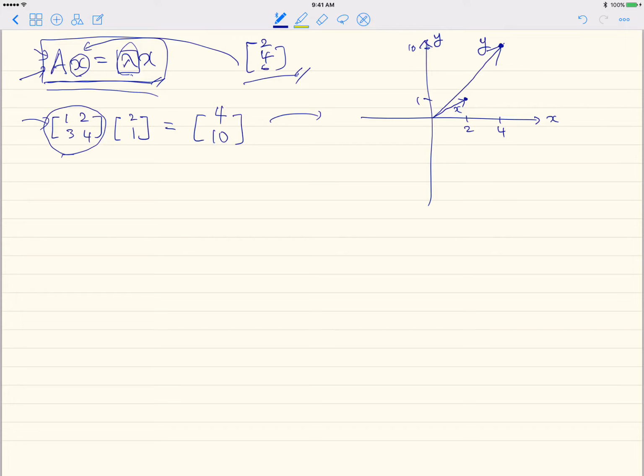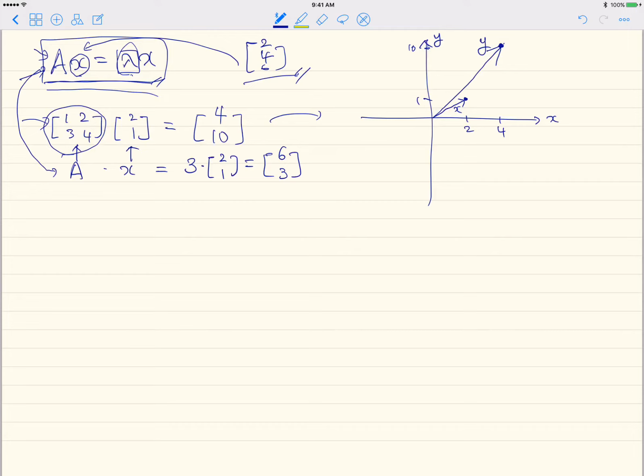So suppose given this matrix A and this vector x, that is our special vector, and in that case lambda was 3. Then it will have the result of 6 times 3.